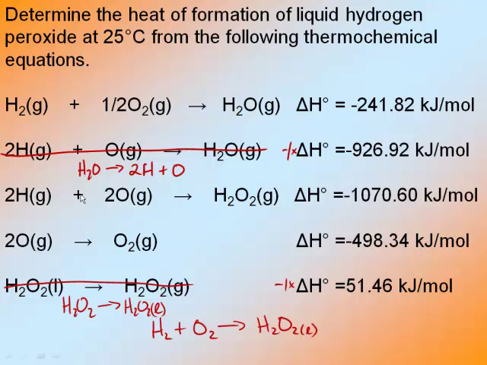Okay, so that gives me the right number of waters to cancel out. And then the only other thing that I need to do in this problem is I need to divide this reaction by 2.